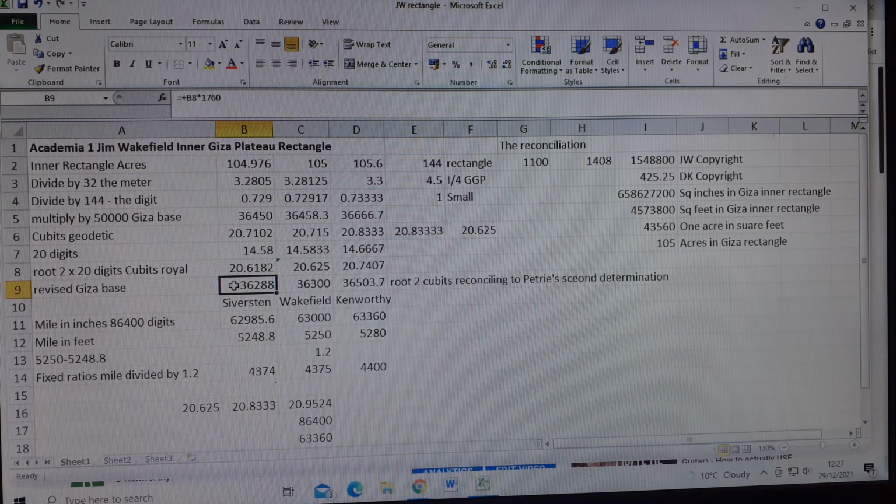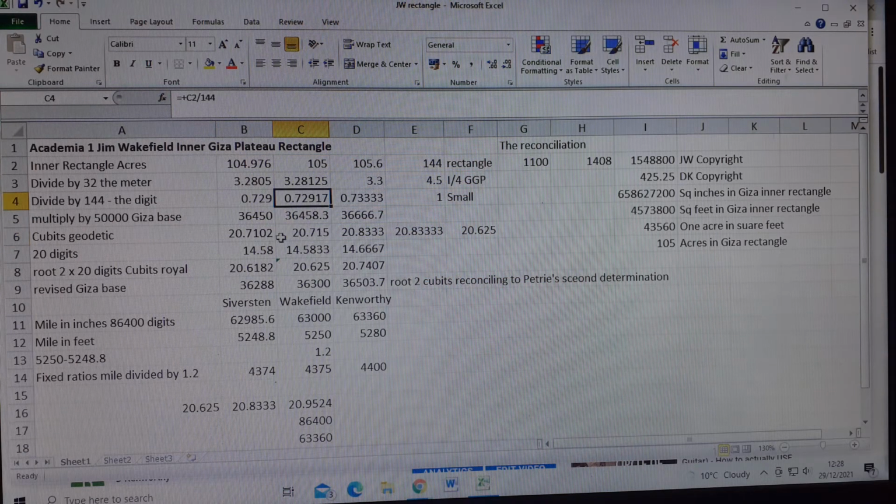But when we look at the same application for Jim, and remember now, this is the reconciliation here, producing this figure here, and we're getting 0.729177 recurring. It's producing this Giza base that Rena Meg has produced in her calculations, 36458.333, producing this geodetic cubit.